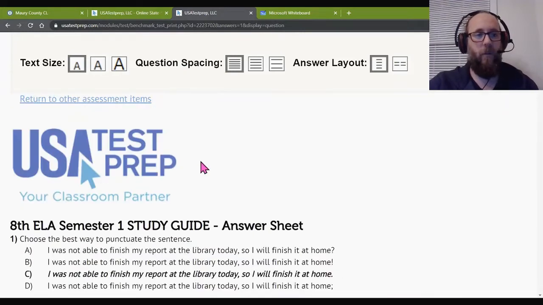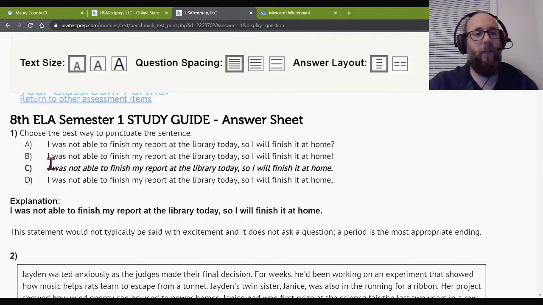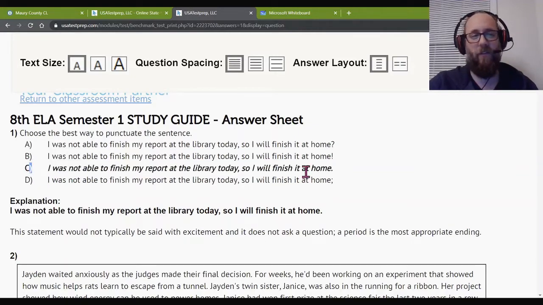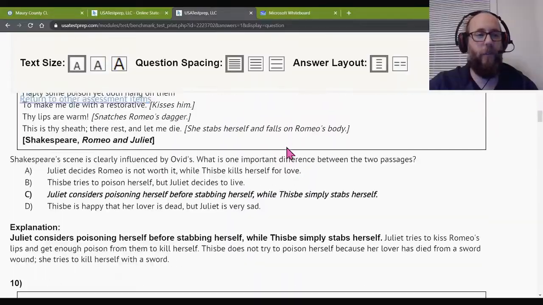Question number 1 is the very first question, and this was a question about punctuating the sentence. Really the only difference between the choices was the final punctuation mark: question mark, exclamation point, period, or semicolon. Now, this one, I'm not surprised. Lots of people got this one. That's pretty straightforward.